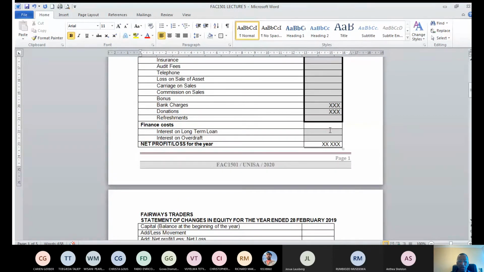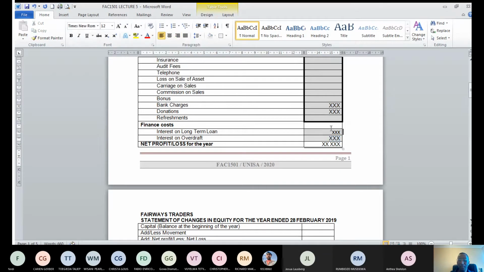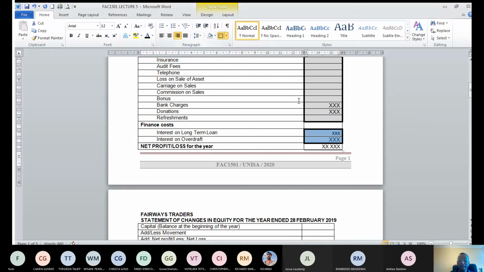So all you do is go to your trial balance once again, look for interest on loan or interest on overdraft. If there is, you list it there, you add it up, put it in a block, and that is the total then of finance cost.